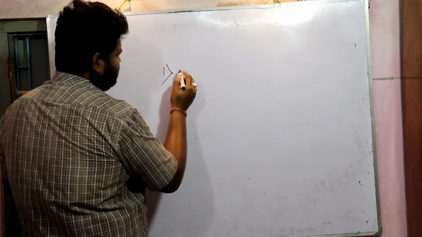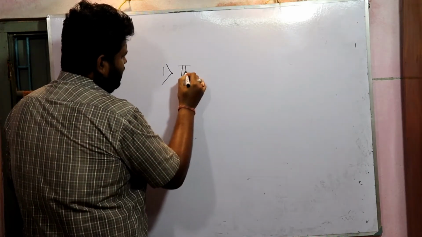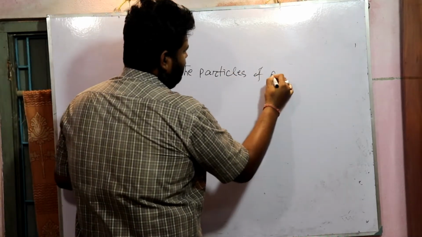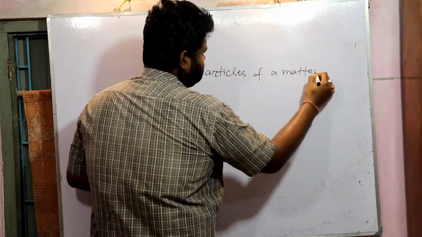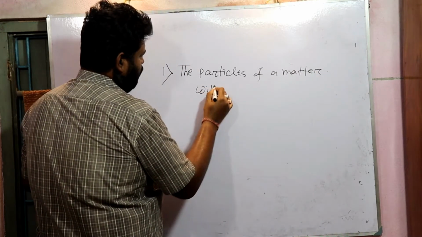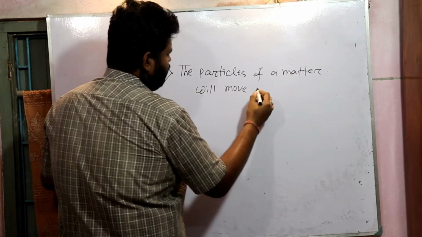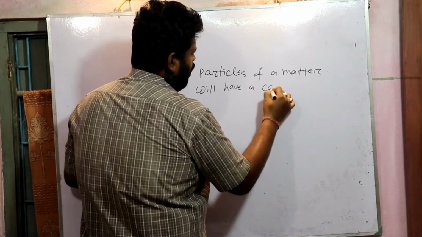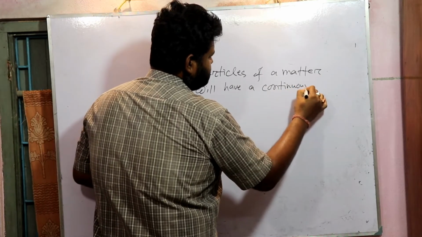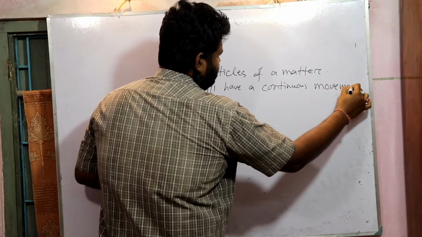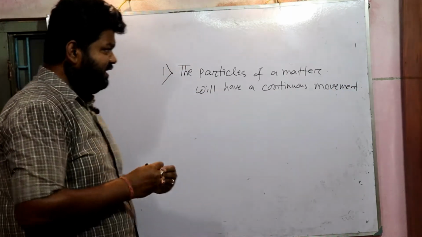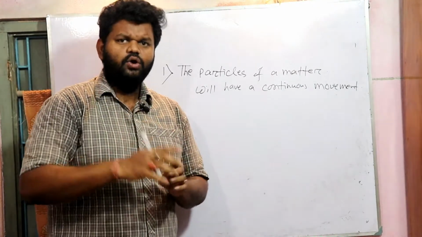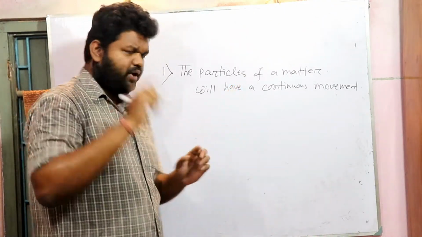The particles of a matter will have a continuous movement. That means the particles which are present in a matter will move continuously here and there. I will do some activity regarding that point.